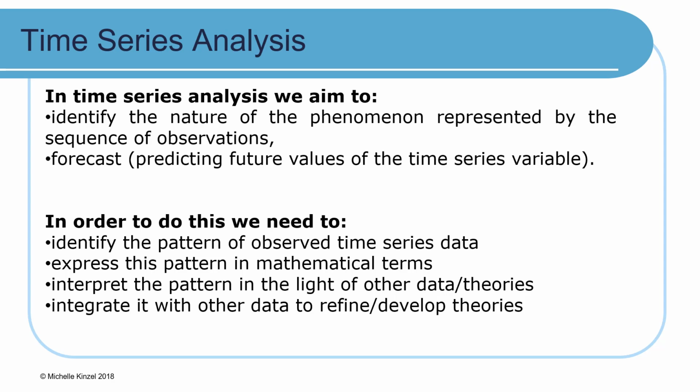In order to do this, we need to identify a pattern of observed time series data, express this pattern in mathematical terms, interpret the pattern in light of other data or possible theories, and then integrate it with the other data to refine and develop those theories.